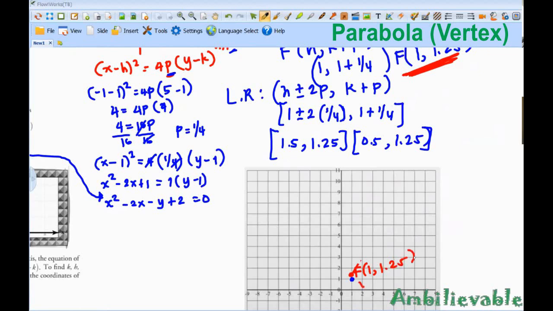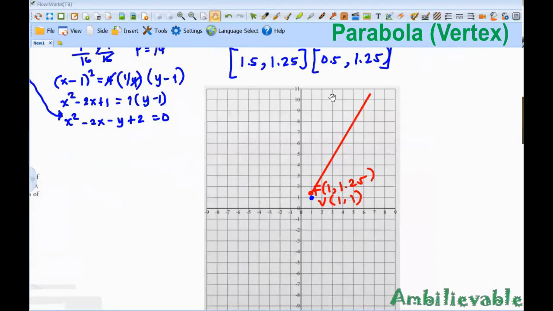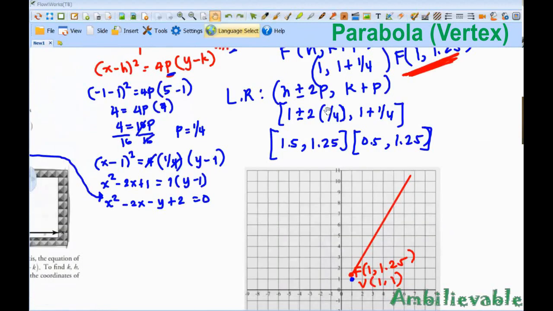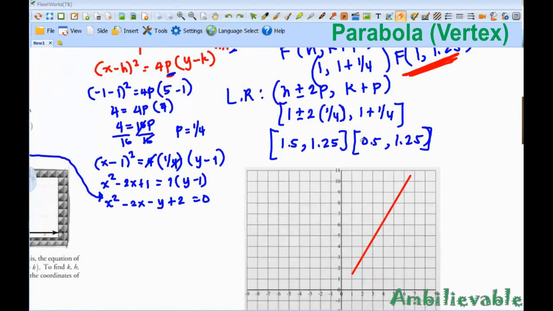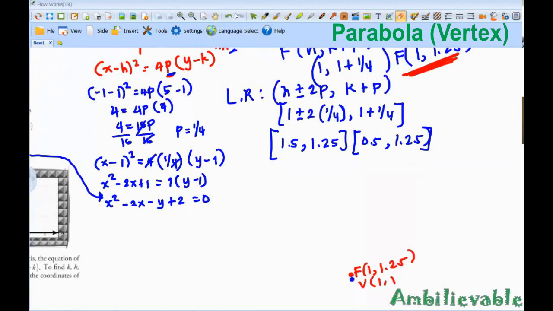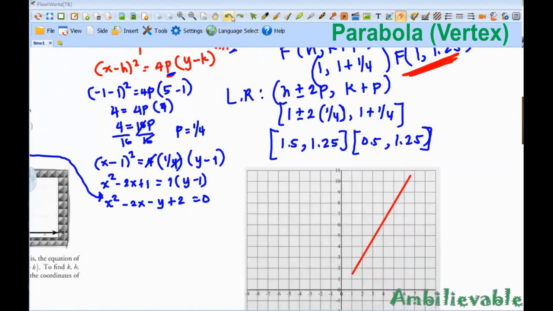And the vertex is at 1, 1. And also we have 1.5 and 1.25.